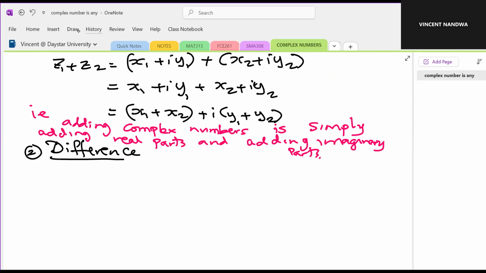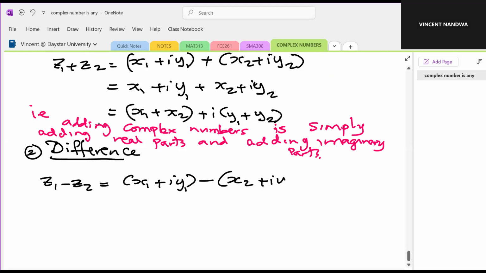Then difference. So we'll say Z1 minus Z2 will be X1 plus iY1 minus X2 plus iY2. Then remove brackets. So we have X1 plus iY1 minus X2, then minus times plus is minus iY2.